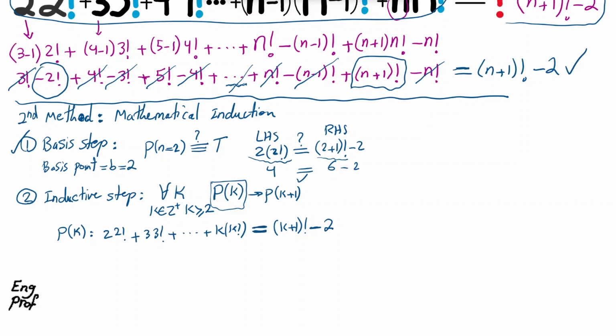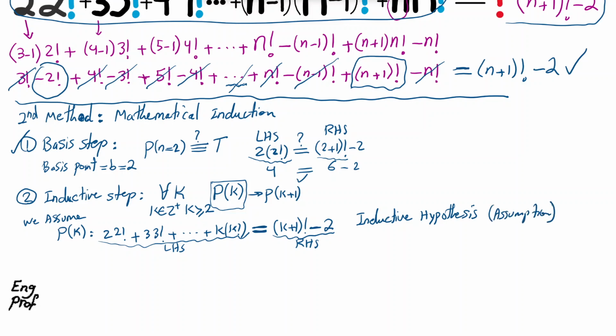We're going to use this. So we assume p of k, which basically is this left hand side equal to this right hand side. That is assumed. We refer to this as the inductive or induction hypothesis, our assumption.